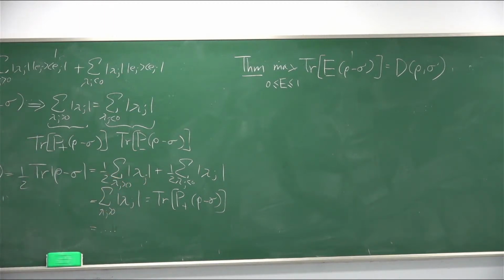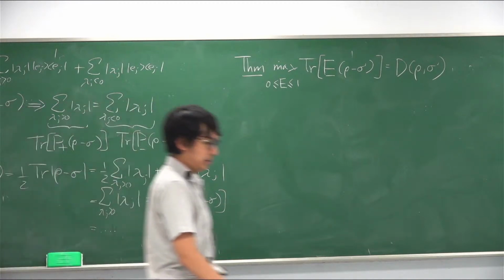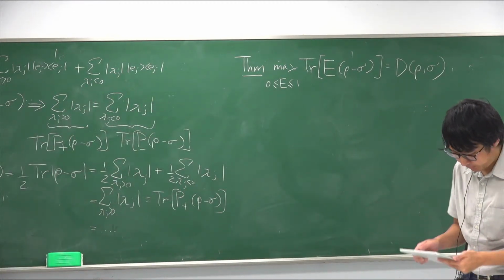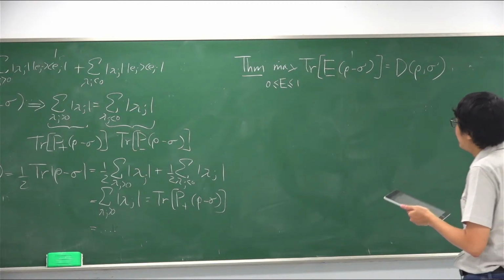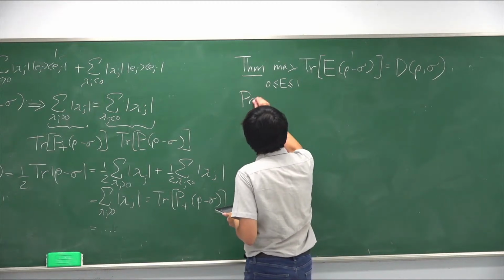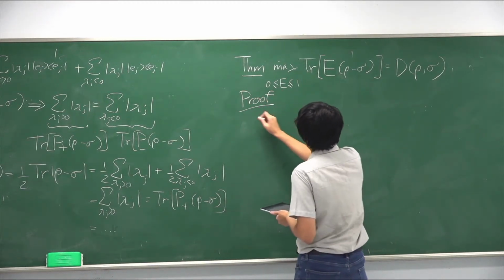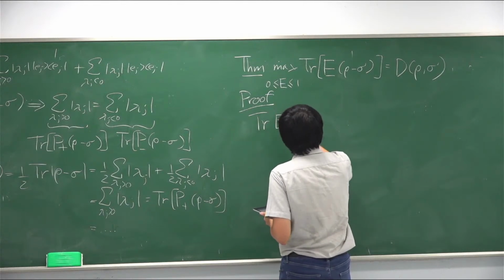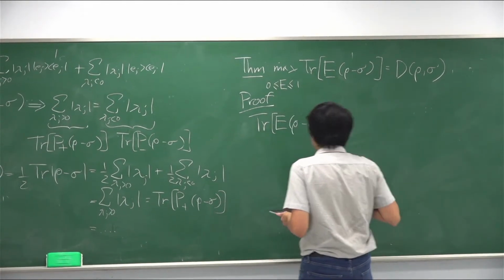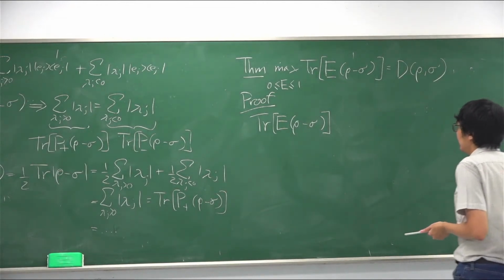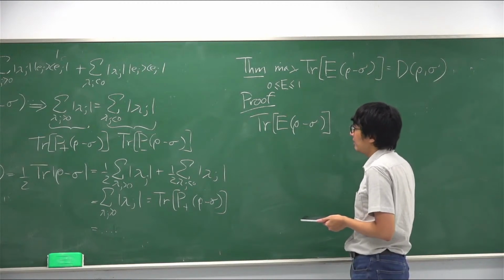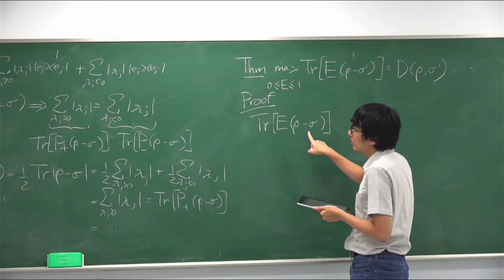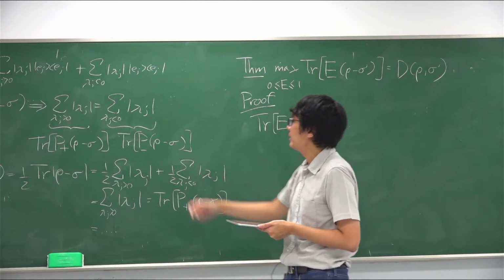Okay, so let's prove the theorem here. Which side maybe I want to start from? Here, maybe let's maximize. Let's find an upper bound on this guy. Now we know that I can write this guy in its eigenbasis.